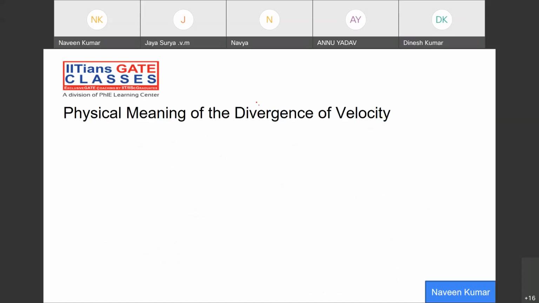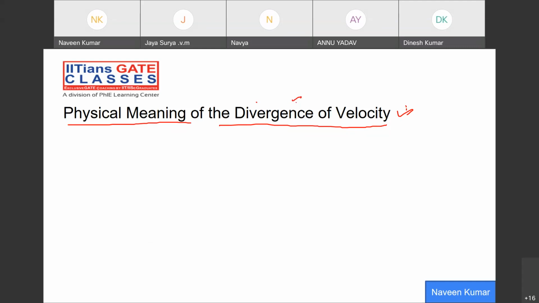Now, what is the physical meaning of divergence of velocity? We have understood the physical meaning of gradient of a scalar field. Now we will understand the divergence of a velocity. Velocity means definitely it is a vector quantity, right? So the divergence of a velocity, the physical meaning.